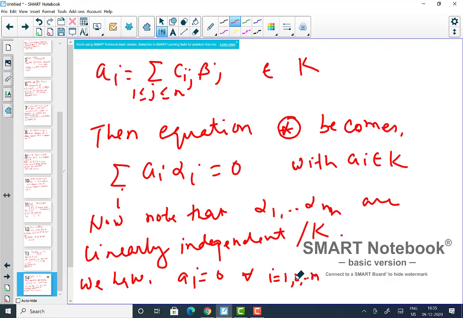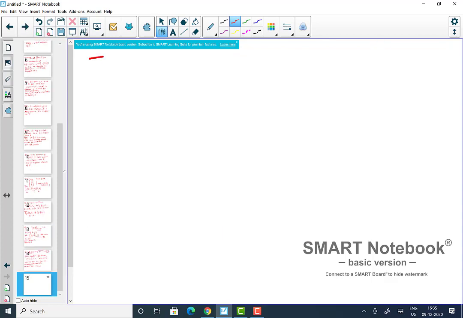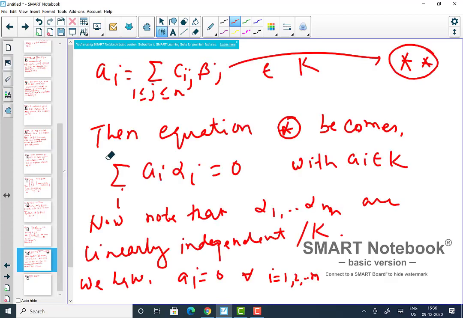So thus, this is equation, maybe, double star. This double star becomes, you can say that all the ai's are 0. So what does that mean?